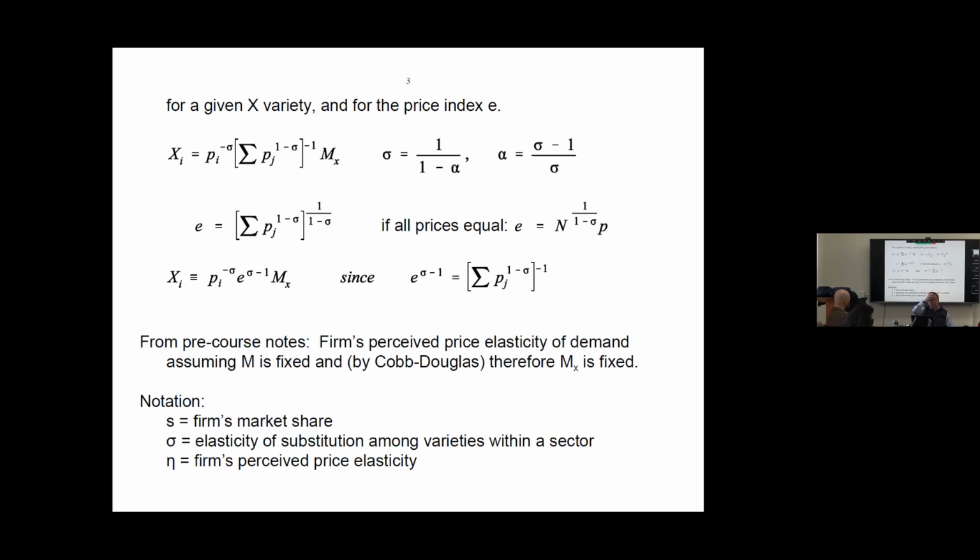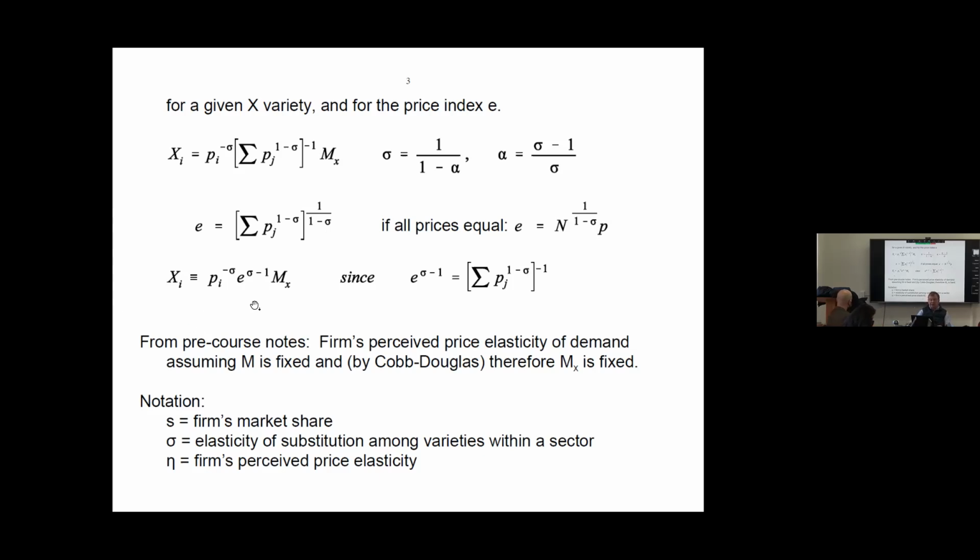Okay, so you can then write X in the bottom line. On the left there, X_i equals P to the minus sigma, E to the sigma minus 1, m_x, because from the definition of E, that reconciles with the first line. Notice you can always do little checks on algebra in micro.